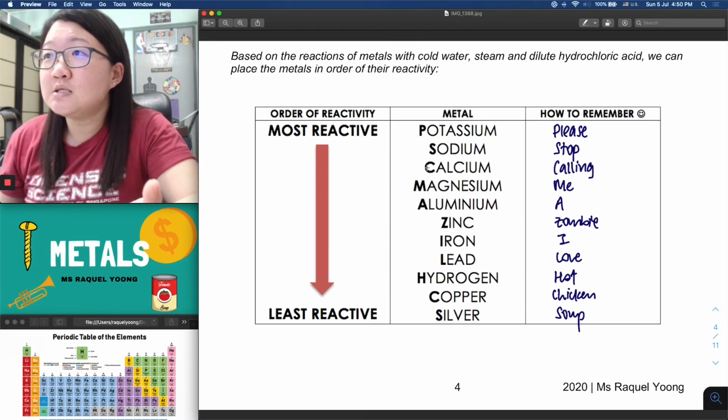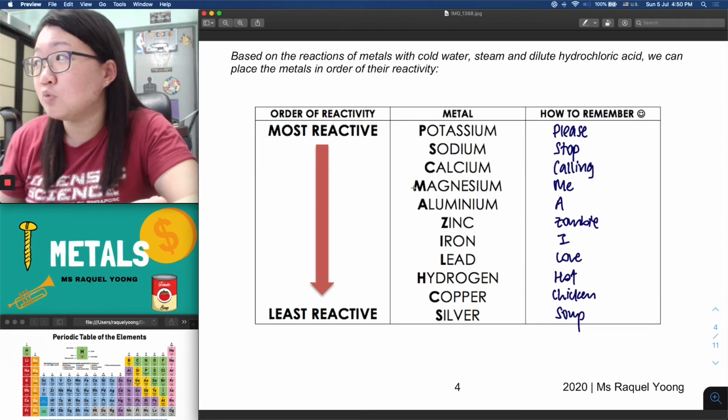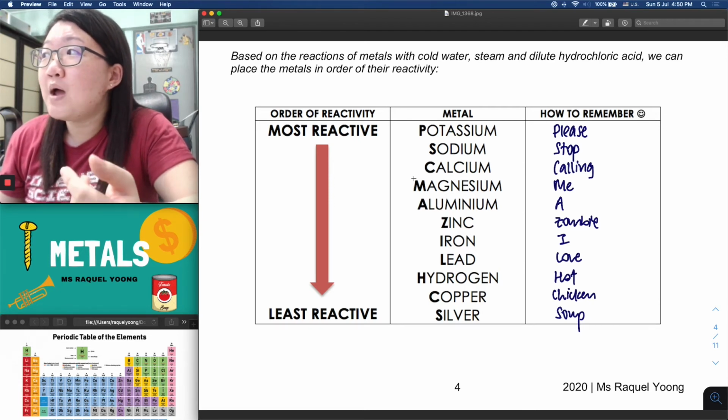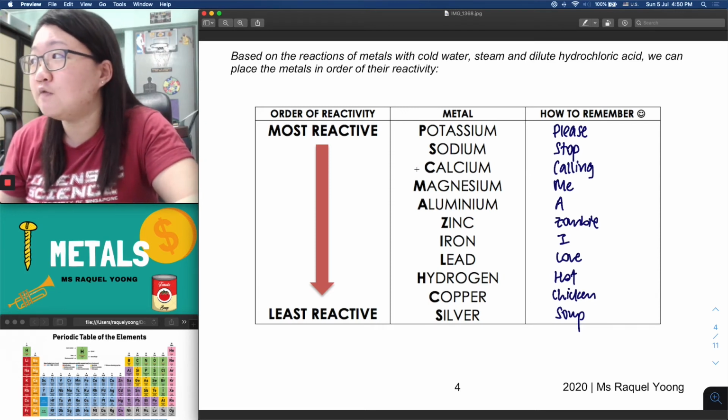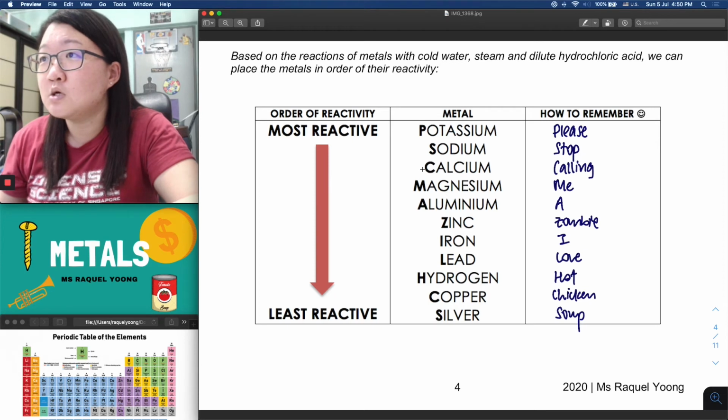Compared to, let's say, calcium and magnesium from group 2, they have one more valence electron to lose, which is a higher barrier, which is why logically they are a bit less reactive than our group 1 metals. That's why they are placed below potassium as well as sodium, and so on and so forth.